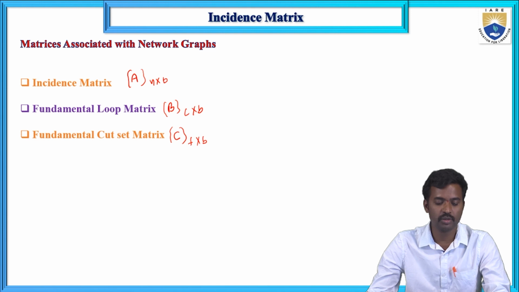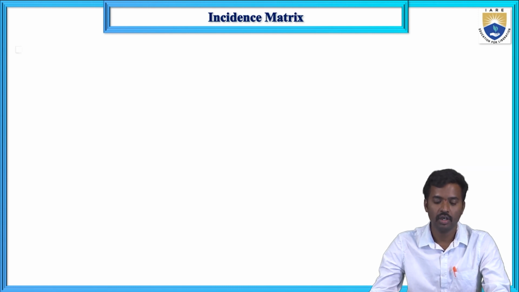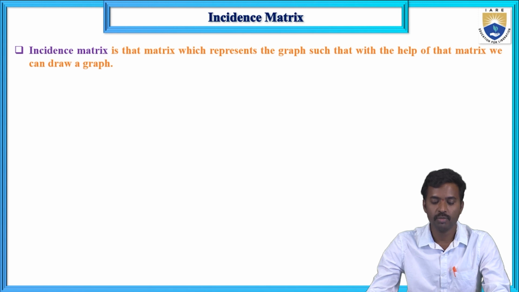First I will explain the incidence matrix, then the fundamental loop matrix, that means tie set matrix, and fundamental cut set matrix.